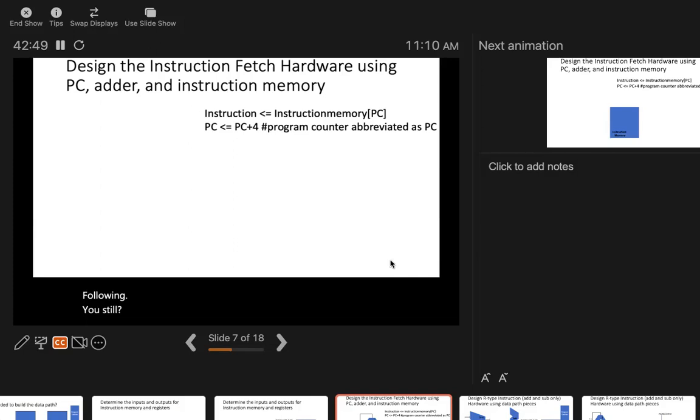Yeah, so whatever the PC currently is, it is going into the instruction memory. At the same time, it is incremented by 4. Right now, you're doing PC plus PC. So out of PC, what you're doing is PC plus PC. So this equals 4.